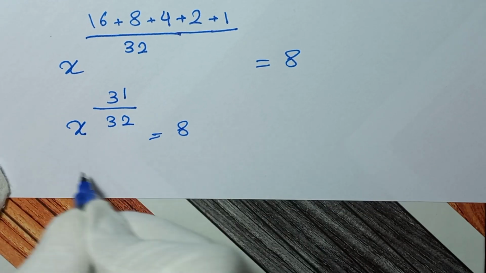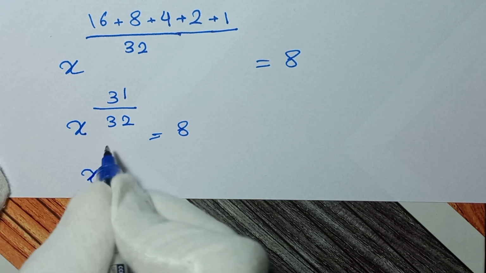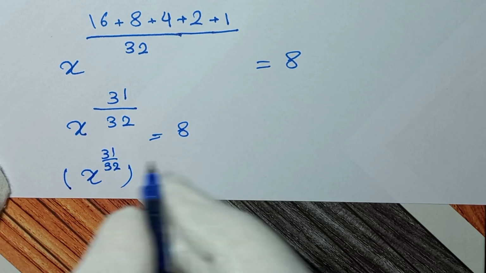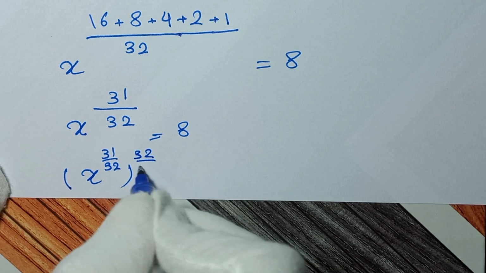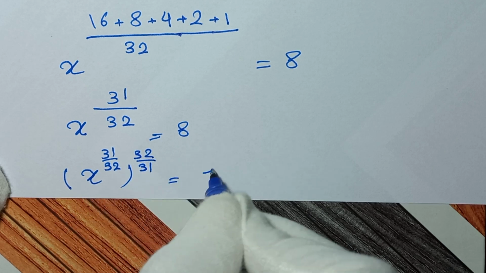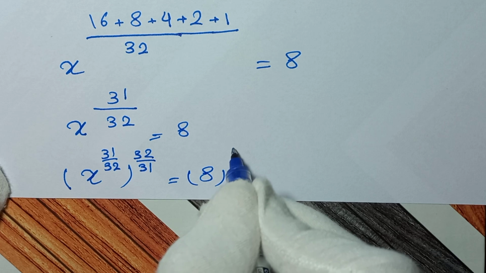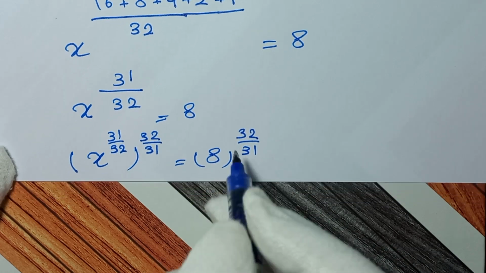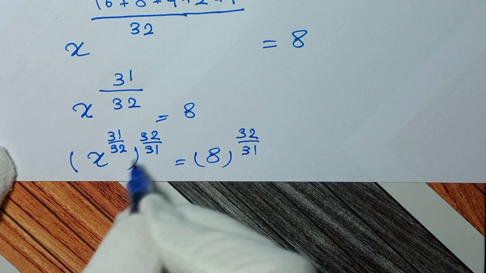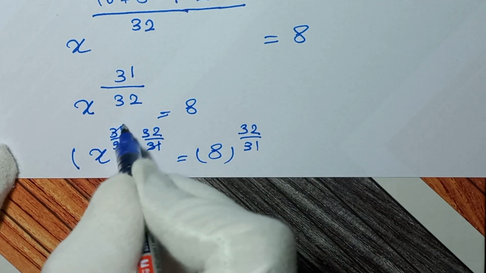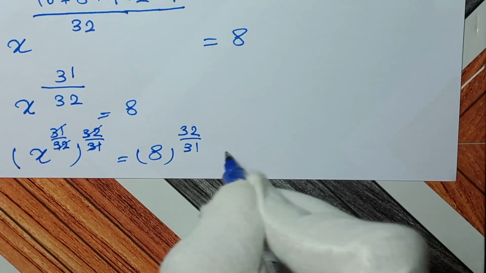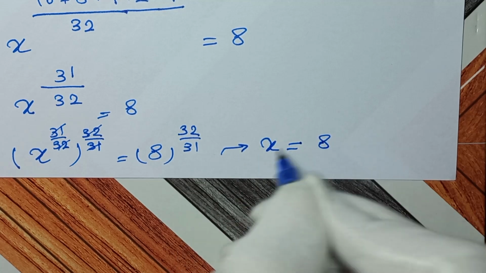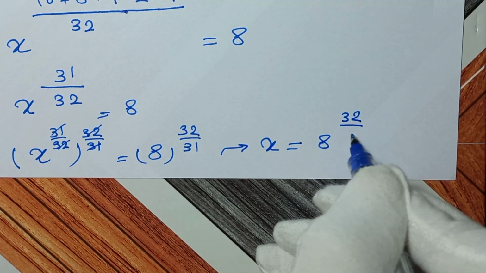So it will be x to the power of 31 over 32, and we raise this to the power of 32 over 31 is equal to 8 to the power of 32 over 31. In here, this will cancel this, so we have x is equal to 8 to the power of 32 over 31.